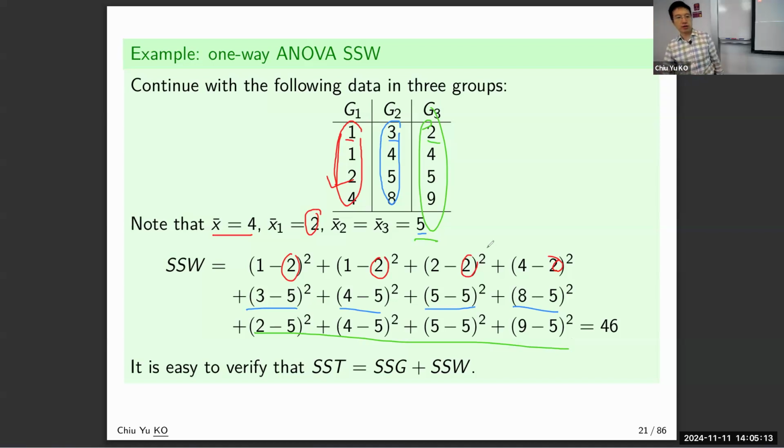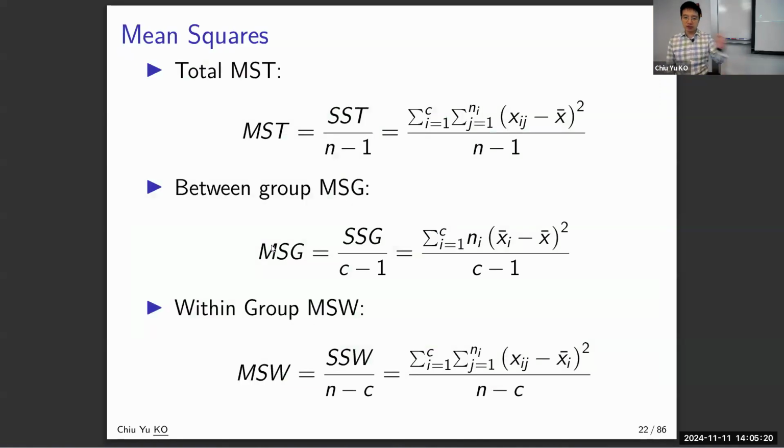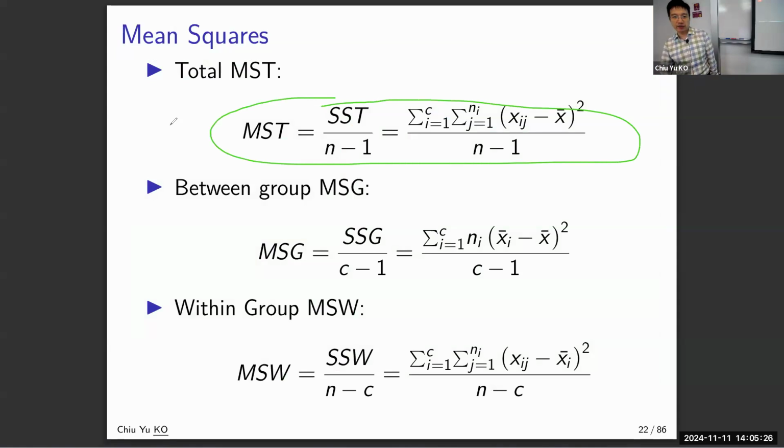Then we tell you how to estimate the 2 different variances. Now here comes the very last part. We already said the MST is estimating sigma square. That's the part we mentioned already.